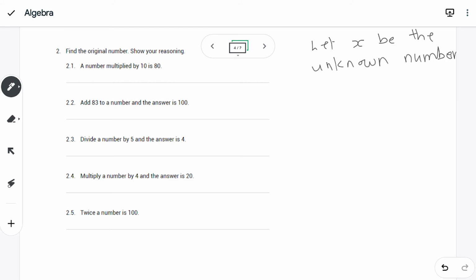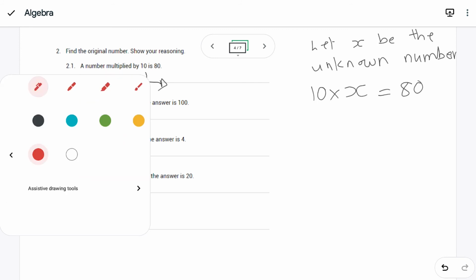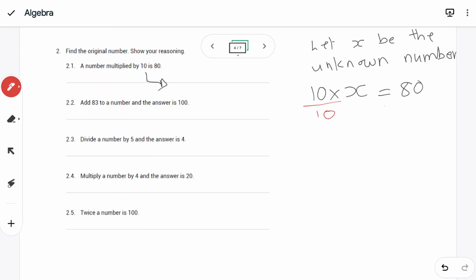That unknown value is multiplied by 10, which gives us 80. Remember, we need a left hand side and a right hand side. On the left, 10 times the number is equal to 80. To find what the number is, we can divide by 10 on both sides, and we find that the number is 8.